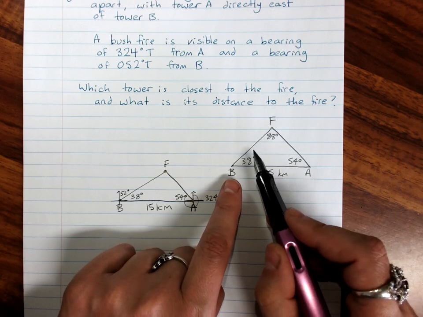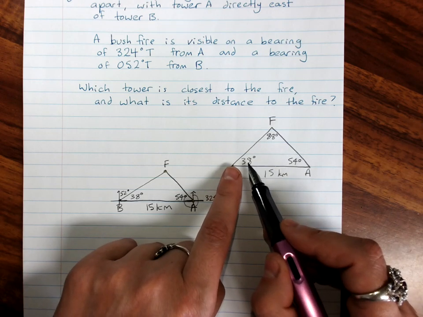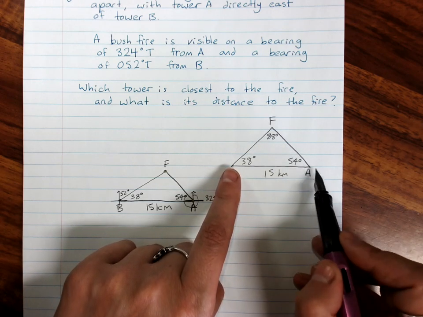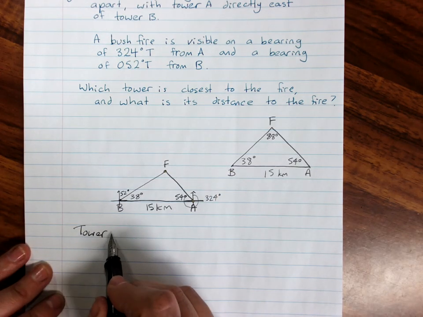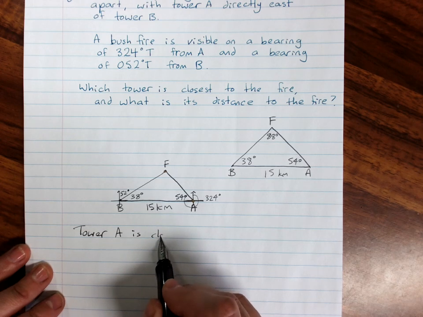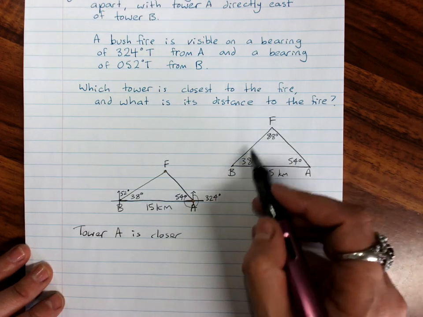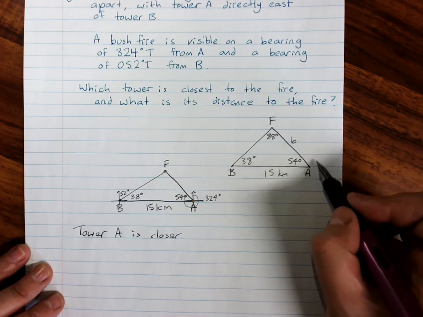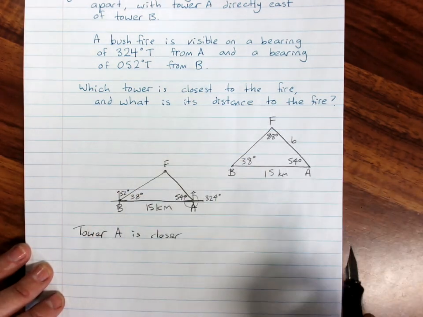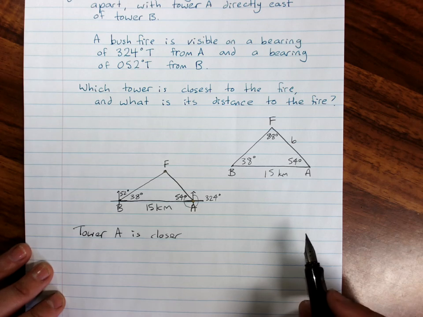Larger angle is opposite the longer side, shorter angle is opposite the shorter side, so tower A is closer. So I don't need to find this distance to compare, I just need to find side B, and I'll have answered the distance of tower A to the fire.